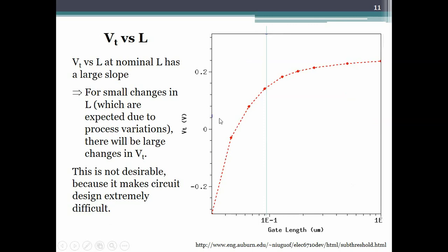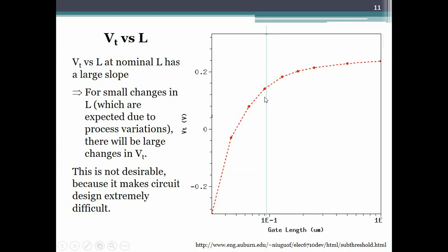So here is a plot of the threshold voltage on the y-axis and the channel length on the x-axis. And what one sees is that as the channel length is decreased, keeping everything else the same, and one measures the threshold voltage, it decreases. So this is a property of this specific type of MOSFET.